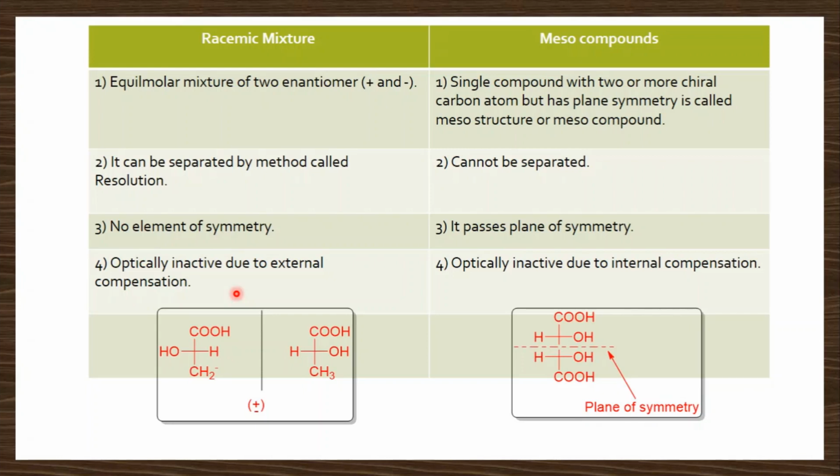While these meso compounds are also optically inactive, the optical inactivity is due to internal compensation, because it has a plane of symmetry. Due to that plane of symmetry, this molecule is optically inactive, and we have learned that a molecule which has a plane of symmetry, center of symmetry, or alternating axis of symmetry will be optically inactive.